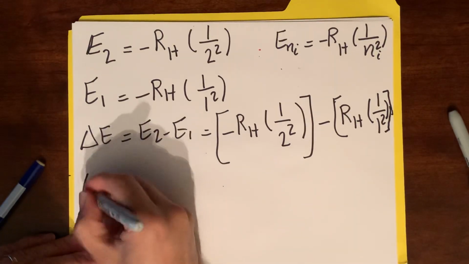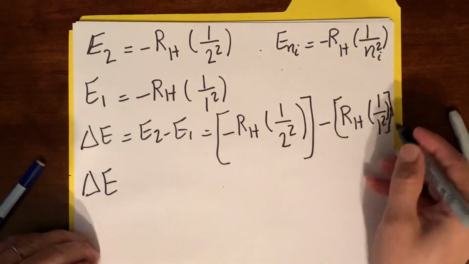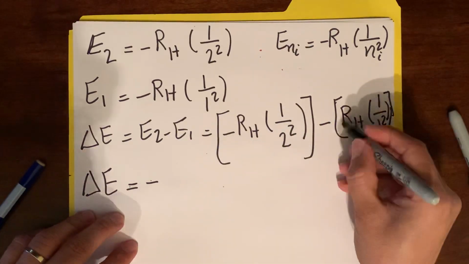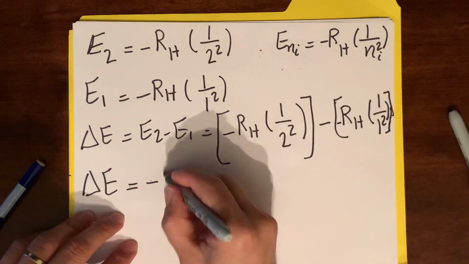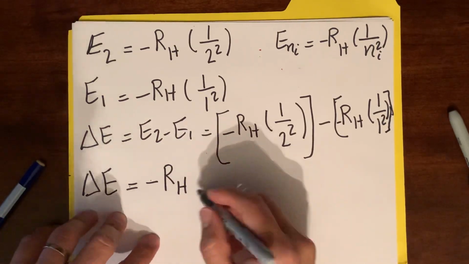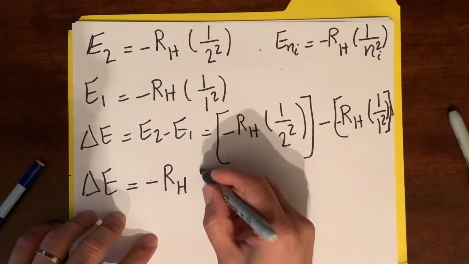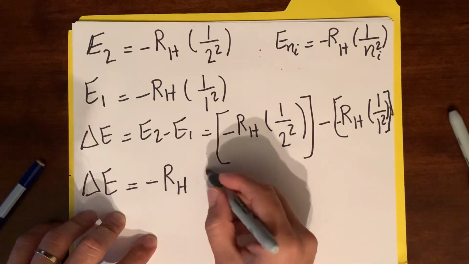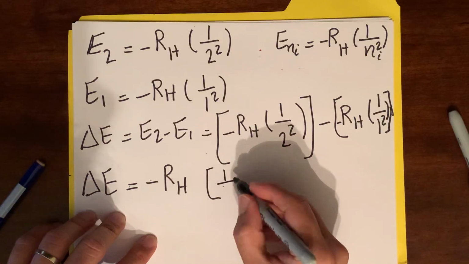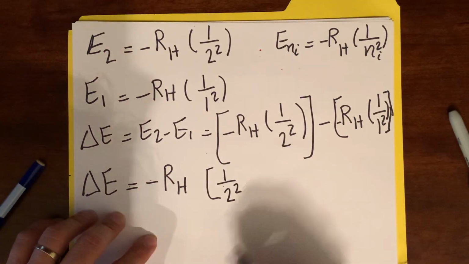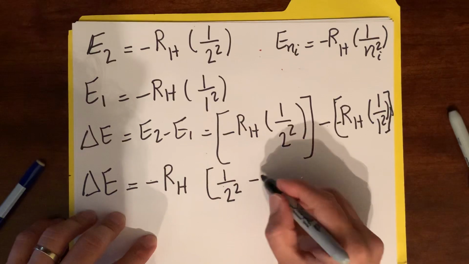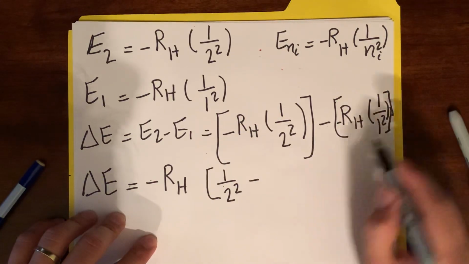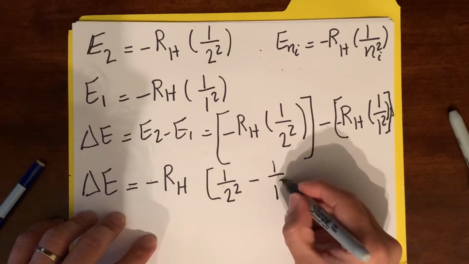I'm going to get a factor from RH. It will be minus RH. If we get the minus RH out, we will have 1 over 2 to the second minus, from the second one, we got minus RH out, so we will have 1 divided by 1 to the second.